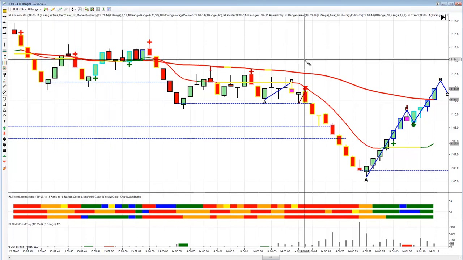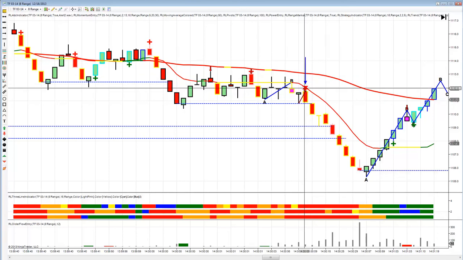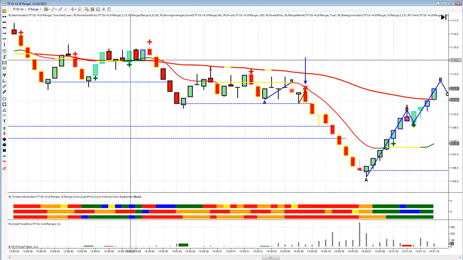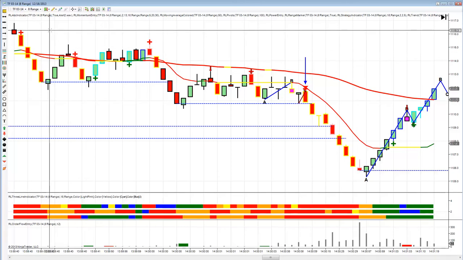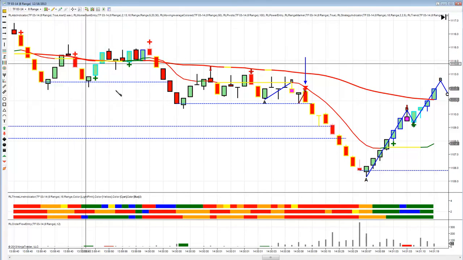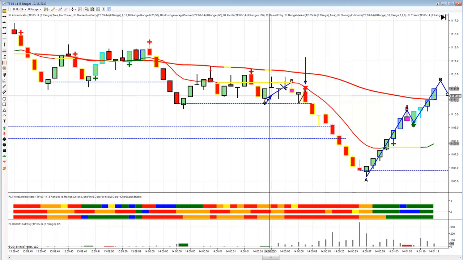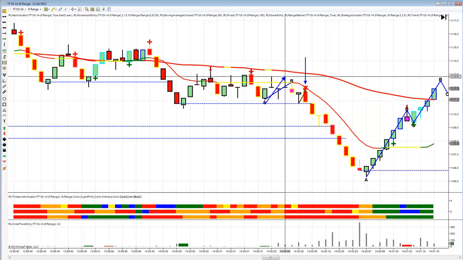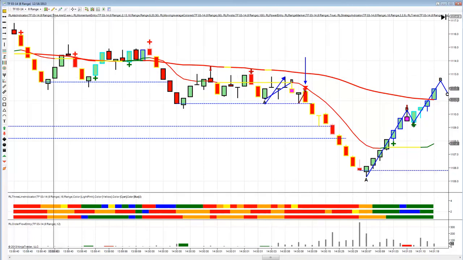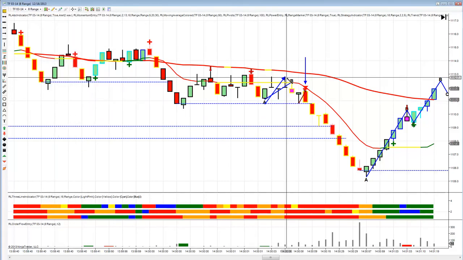And here is your perfect strategy entry. You can see it's a triangle, and it's simply based on regression. The market has moved up. It was a shaky move up.